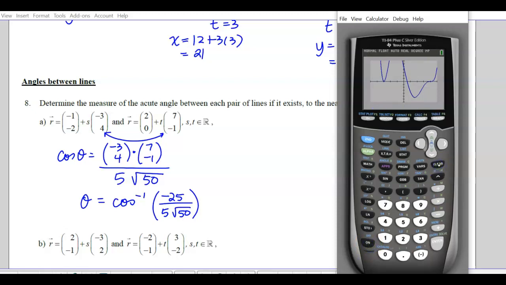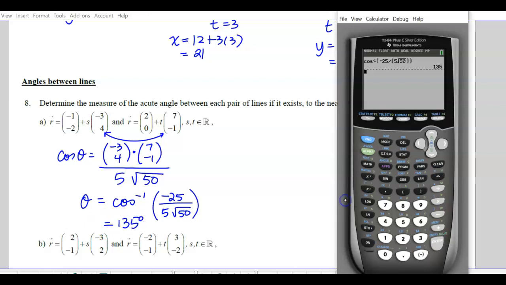We tend to, in vectors, deal in degree mode, so just make sure it's in degree mode. And then second cos, -25 divided by bracket 5 root 50, or you can use the fraction capability. If you do just dividing, you'll need the brackets for the denominator. Okay, 135 degrees. So that is not acute.